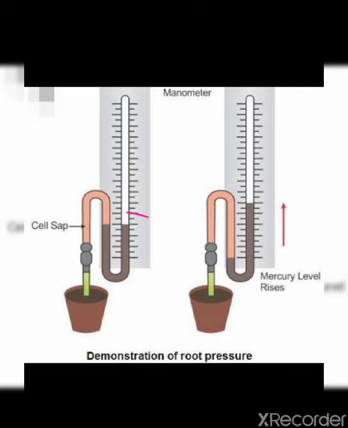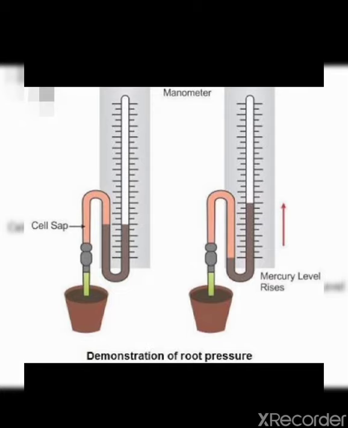Initially the mercury was up to this level, but when water comes out of the stem, it exerts pressure on this mercury, and then the mercury level rises. You can see the level of mercury now.